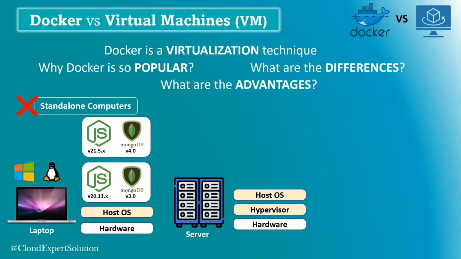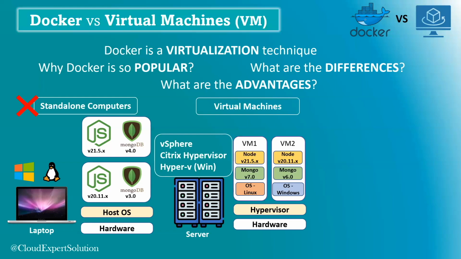It abstracts the physical hardware resources and allocates them to virtual machines. There are many hypervisors available in the market. vSphere from VMware, Citrix Hypervisor, and Hyper-V are the popular ones. Hyper-V is only for Windows, whereas the previous two are OS agnostic.